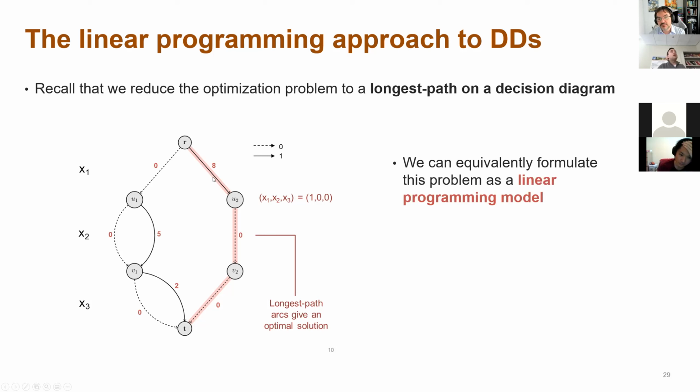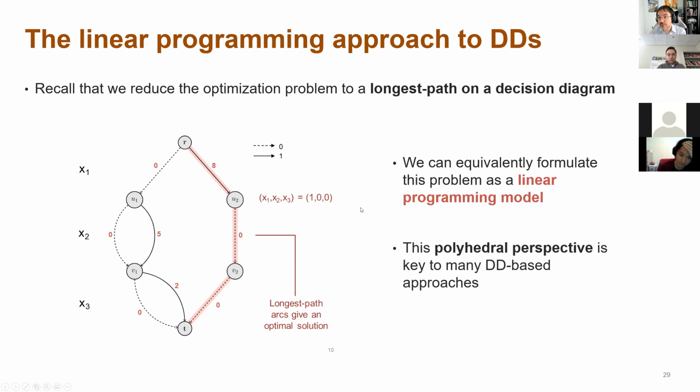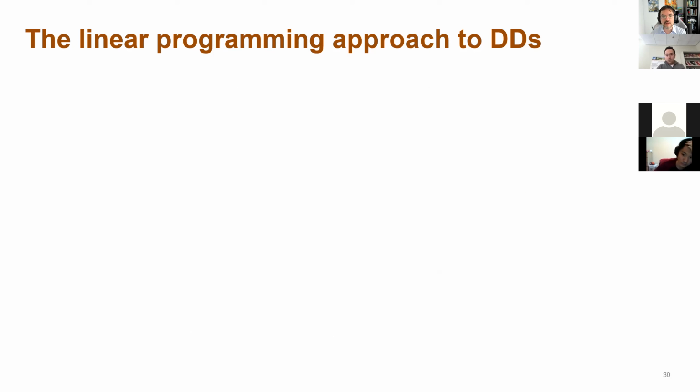Where you can send 1 unit of flow from the root node and then satisfy balance of flow constraints. And you want to find the longest path, so you're solving this as a network flow problem when you're sending one unit of flow through the diagram, right? And this polyhedral perspective, this representation of the diagram as a network flow model or as a longest path model, or through the longest path polytope, is one of the bases for many of the decision diagram approaches that we have now, okay?